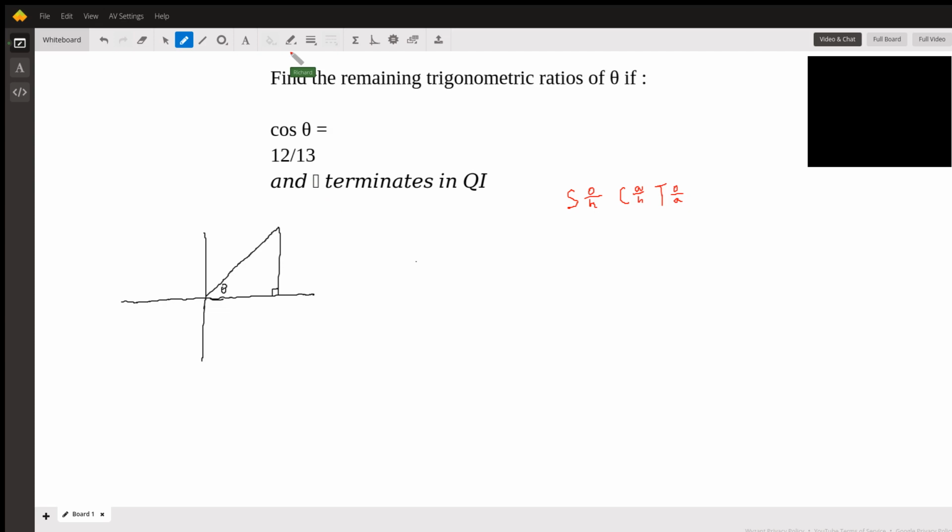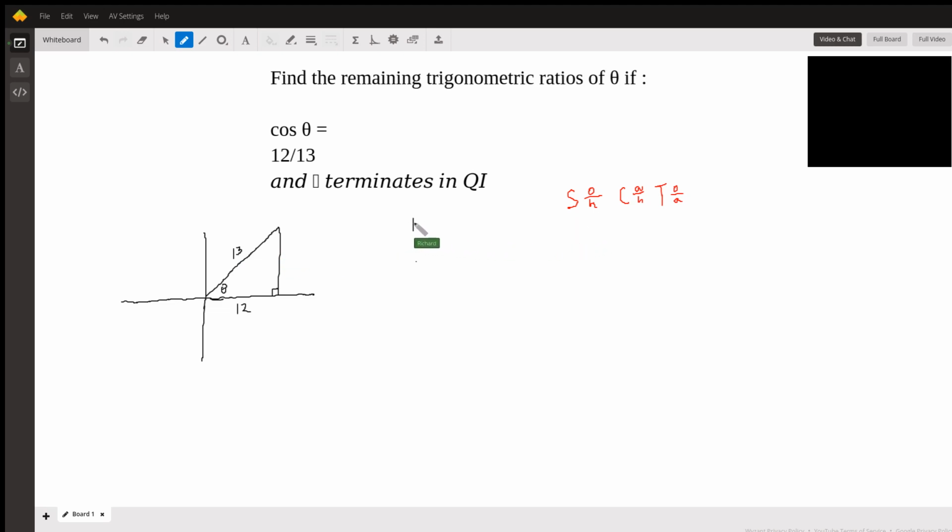And let's go back to our problem here. We're told the cosine is 12 over 13. So the cosine is adjacent over hypotenuse. So this is going to be 12 here and 13 here. Now we need to find this leg here, and we can do that with the Pythagorean theorem.